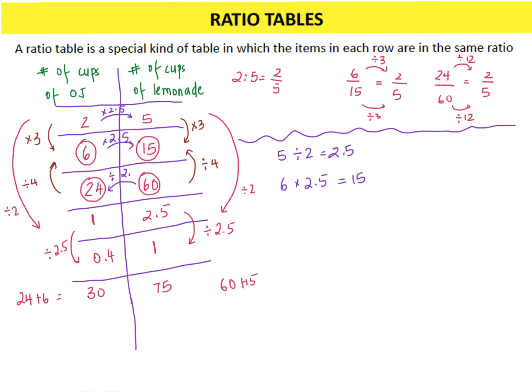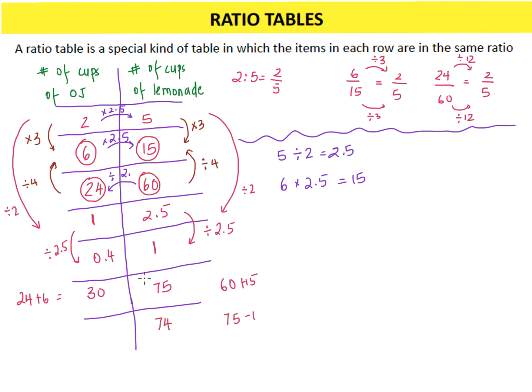Now, what if I needed to find out for a number that was not very nice? So let's say I wanted to figure out for 74 cups of lemonade, how many cups of OJ I need? I know that I can do 75 minus 1 here. 75 minus 1 will give me 74.